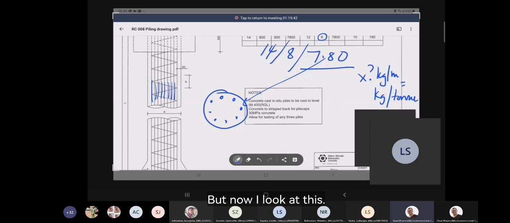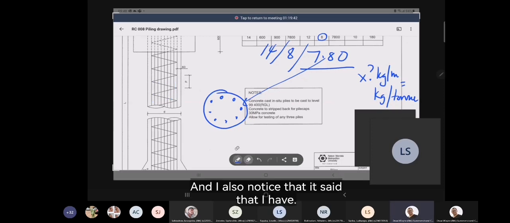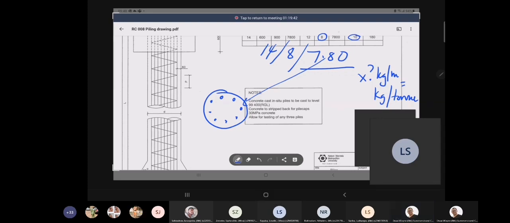But now I look at this, and I also notice that it said that I have 10 millimeter diameter rebar, mild steel.